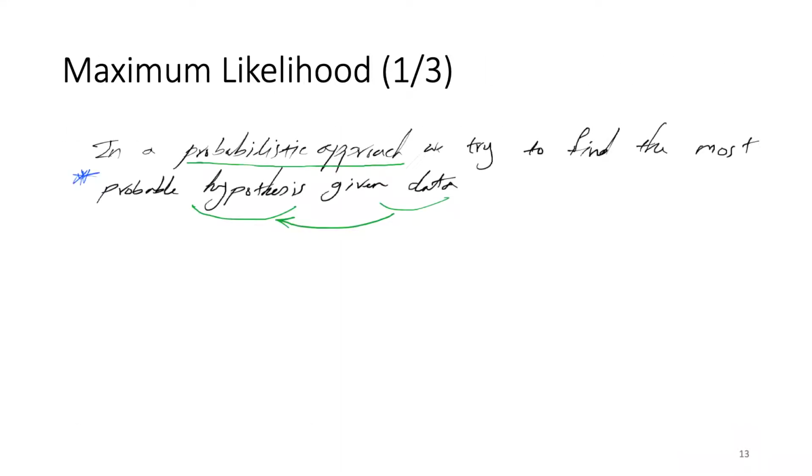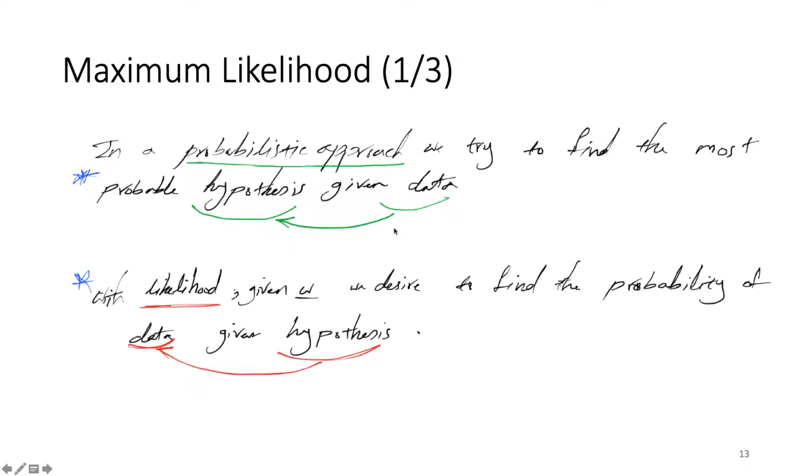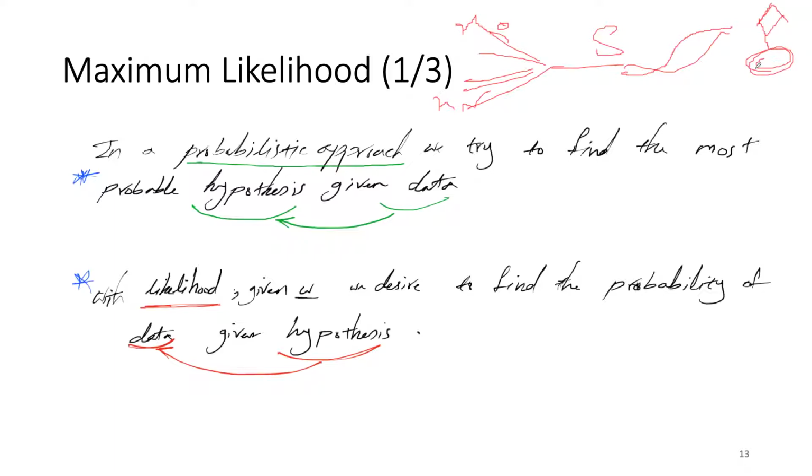So just like what I verbally mentioned before, in the probabilistic approach, when we try to find the most probable hypothesis given data, right? It's the way we applied all those x's, and you use that to output it here, right? That was your y hat prediction, right?